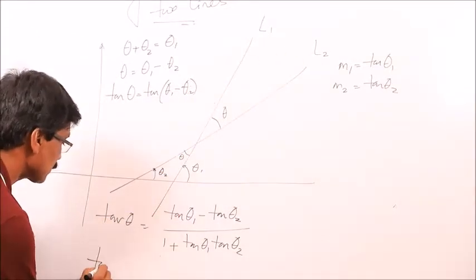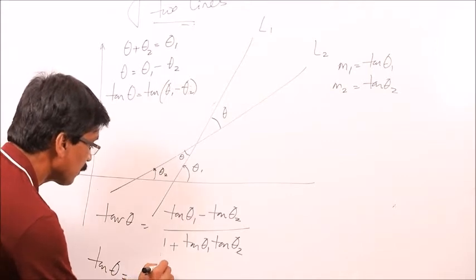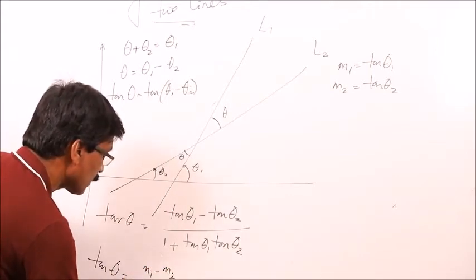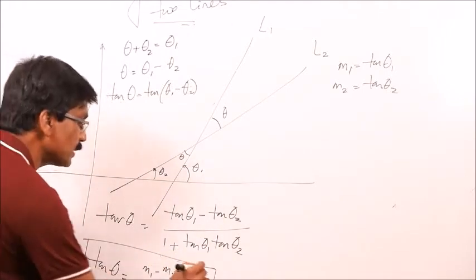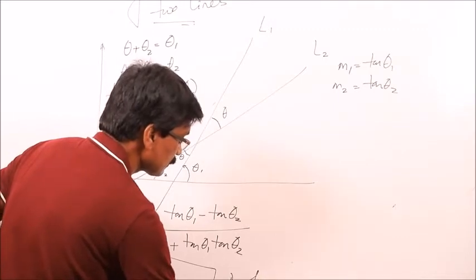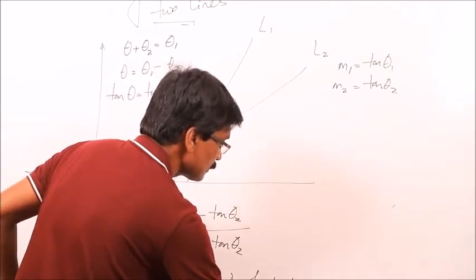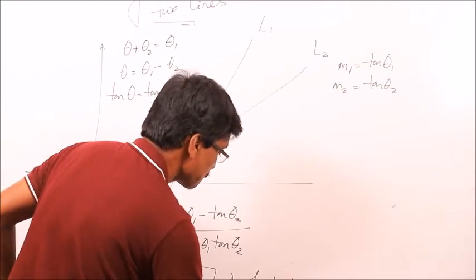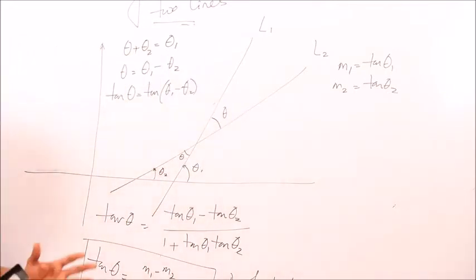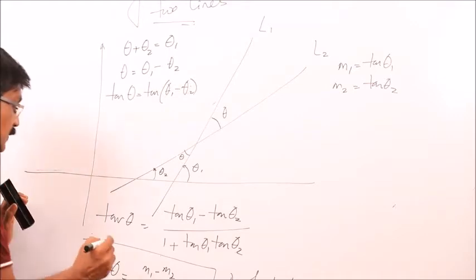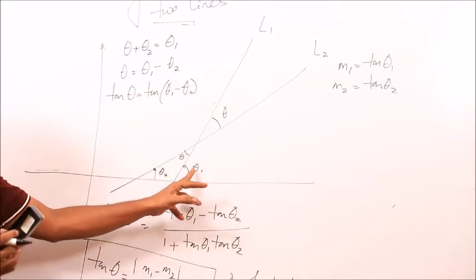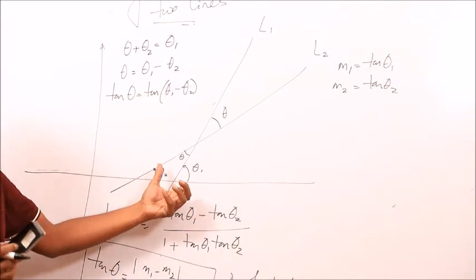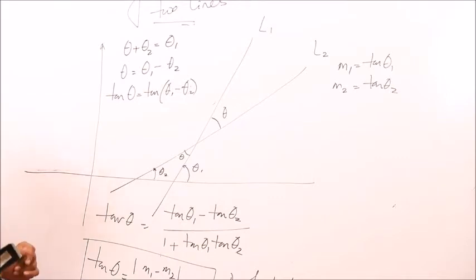So, tan theta is equal to m1 minus m2 divided by 1 plus m1 into m2. So, this is called angle between two lines. Here we take the modulus, because theta 1 or theta 2, either of them may be an external angle.